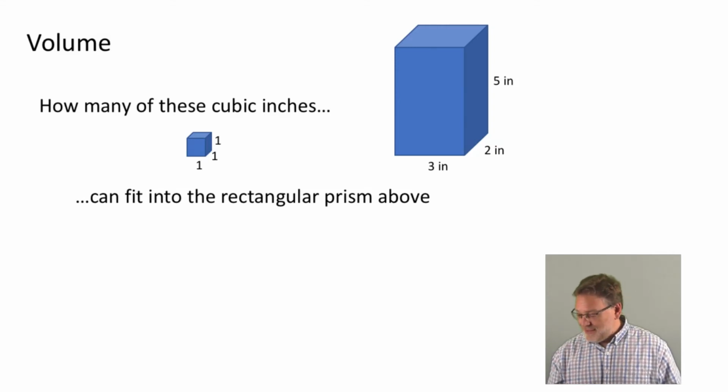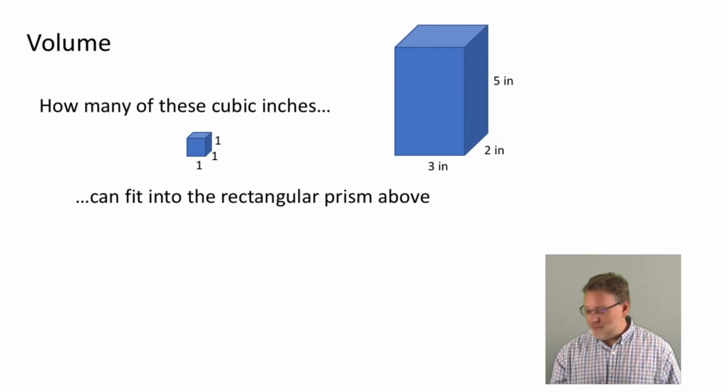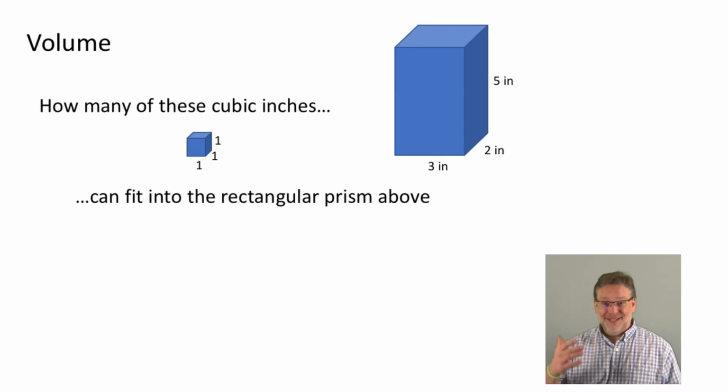So for this particular rectangular prism, which we call just something that's almost like a cube, but it's actually a rectangle on some sides, how many of these cubic inches, 1 by 1 by 1, can fit inside the rectangular prism above? Well, for this, you have to visualize it in terms of rows, columns, in 3 dimensions.